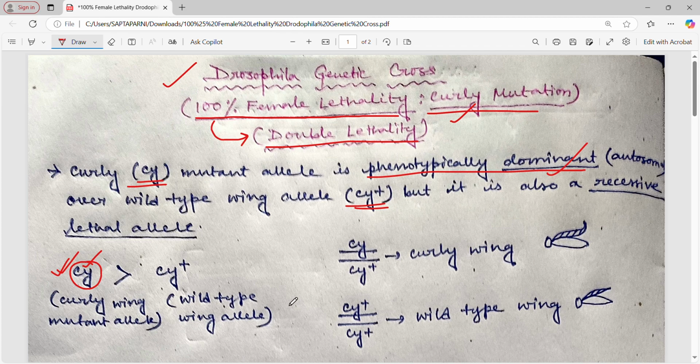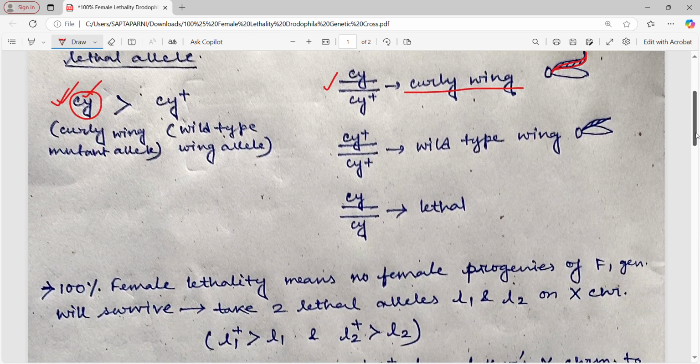Okay, so see here, in heterozygous condition, Cy/Cy plus is showing Curly wing phenotype where the wing is curled backwardly. But interestingly, in Cy/Cy, the homozygous dominant condition, they are not showing Curly wing. Rather, the progenies are becoming dead, or lethal. So why is this happening?